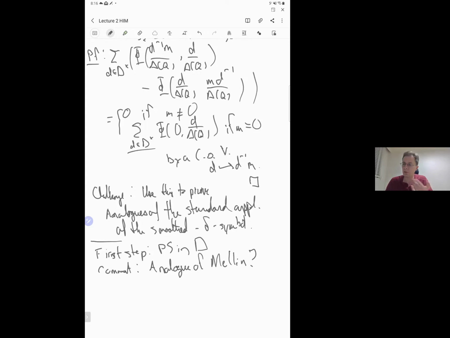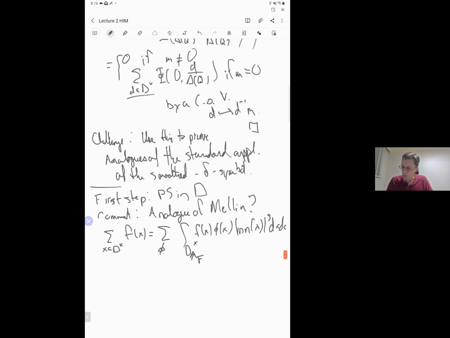It's going to give you something in terms of automorphic forms on D. So the sort of thing that you're going to be using is a formula like the following, that this sum over x in D times can be written as the sum over some orthonormal basis of the integral over D times A_F times of f(x) p(x) reduced norm of x to the s dx ds, where this is over an orthonormal basis of L2 of D times A_F times.